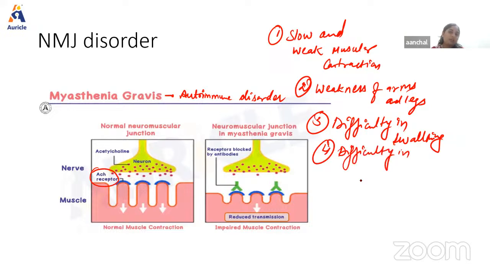So these are the main signs and symptoms or the problems which occur in this disease. Okay, so this is all about the NMJ disorder.